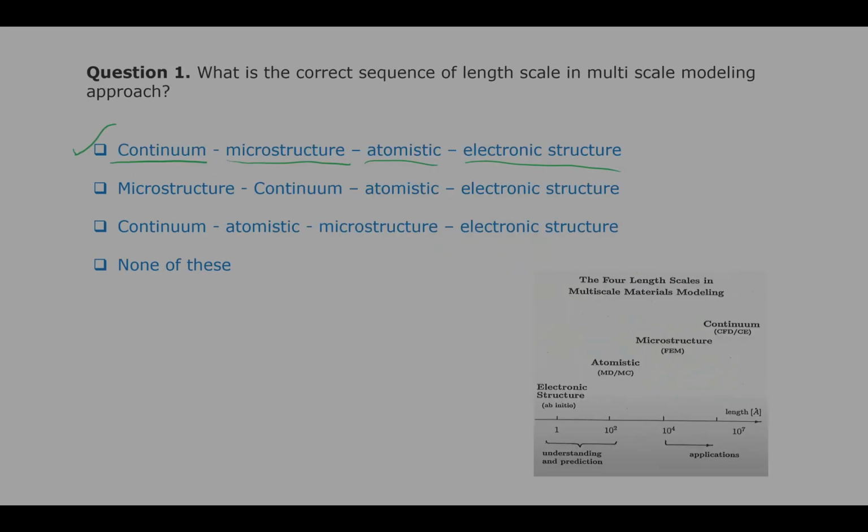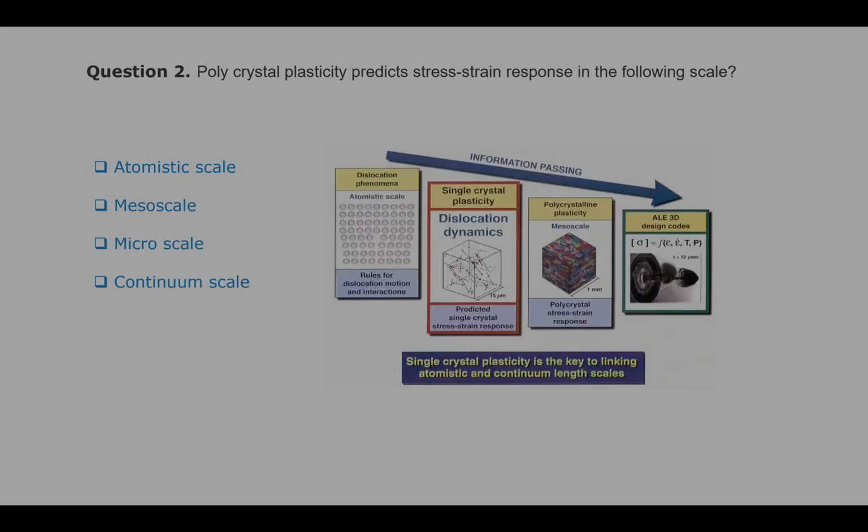So the right answer is first. The second is not correct, and here atomistic is coming before microstructure. That is also wrong. The last one is also wrong.